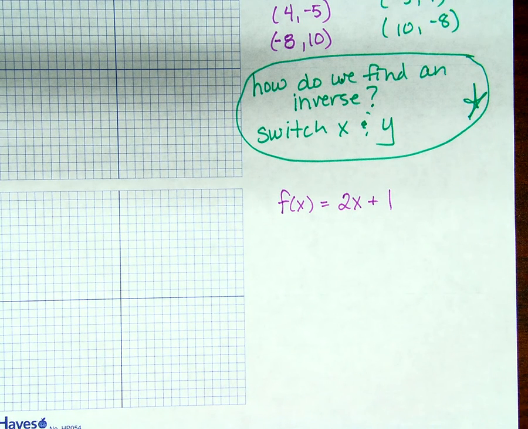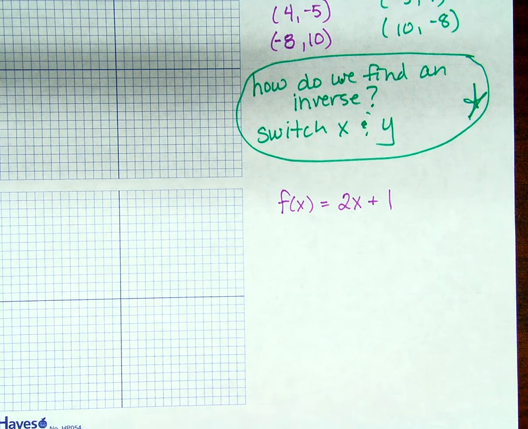How do I switch x and y if there's no y? You know that f of x stands for y, don't you? Okay, it's another way to write it in our level of math.